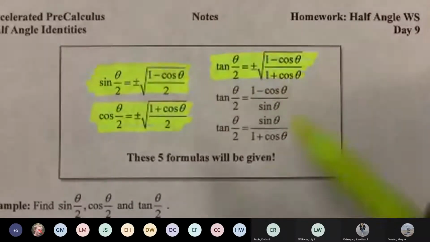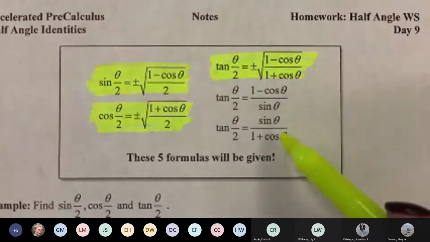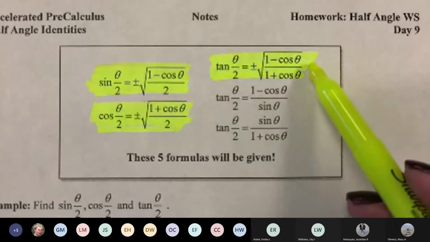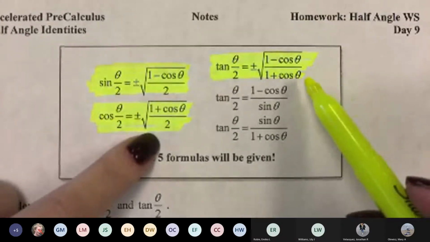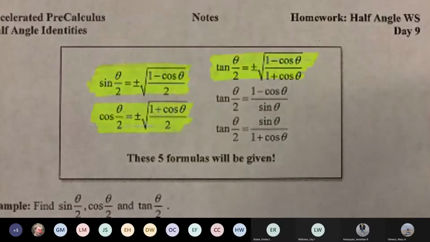Now, technically, you can use any of these tangent formulas that you would like. The reason I'm picking the first one is if you look carefully, it's just sine over cosine, which is why I'm selecting it, just because that way it follows the same patterns as the other ones we have been doing. Now, a word of warning. When you were doing the double angle formulas, there were three options for cosine that would all give you the same answer.